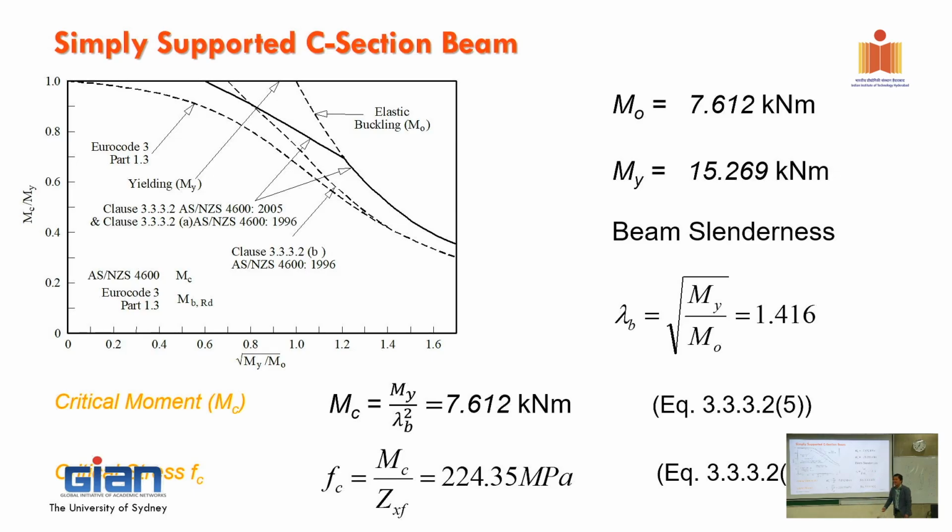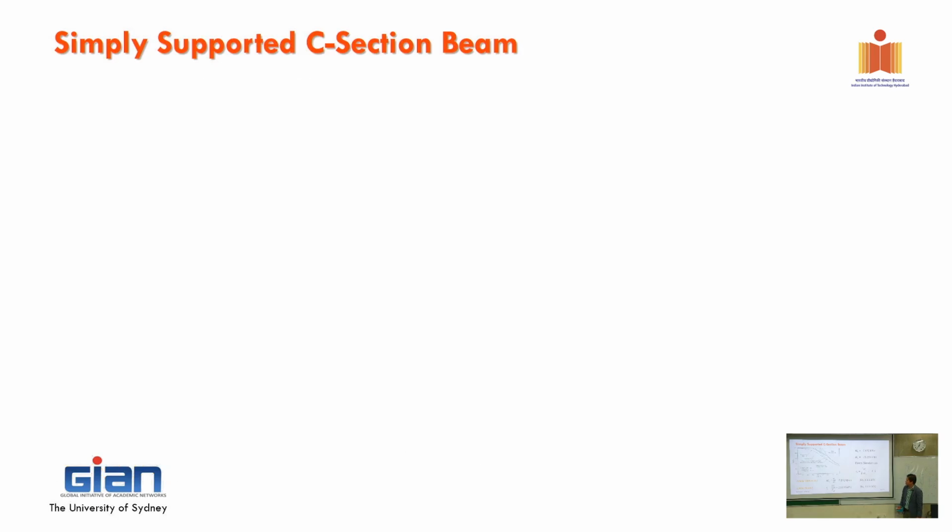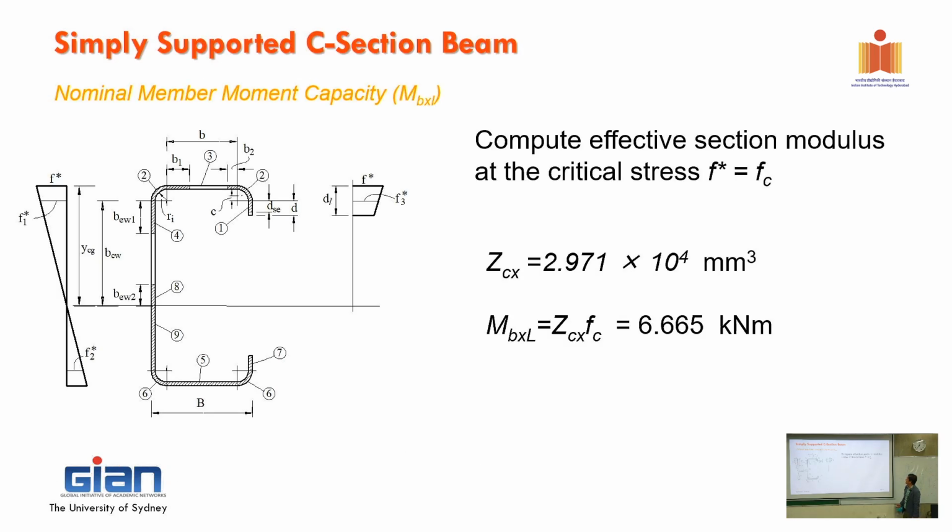Right, so what next? Once we have Fc, you can see here it is similar to the column, right? Fc is not 450 yet. It's close to the critical stress that we calculated.